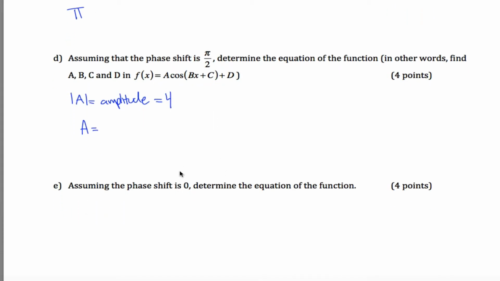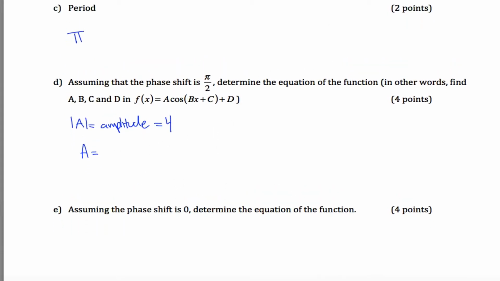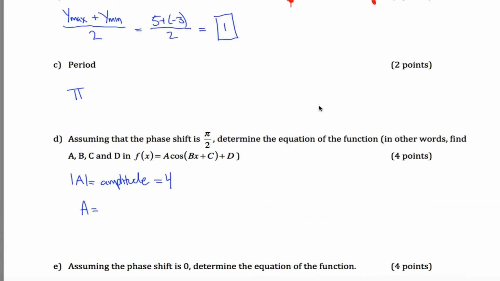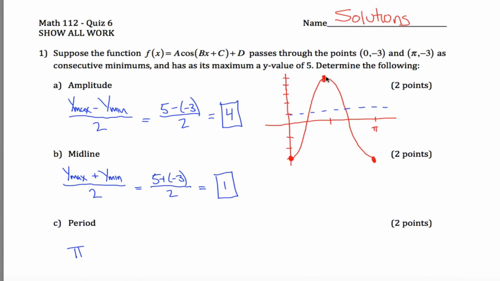But this is worded kind of confusingly. It tells me the phase shift. It says the phase shift is pi over 2. So here's pi over 2 right here. It's saying this is the starting spot. My graph continues and it goes like this. If this is the starting spot for a cosine graph, the orientation is normal. It starts at the top like it's supposed to.